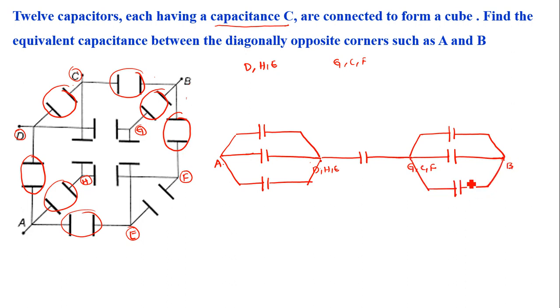Now this capacitor is in between E and F. E is here, F is here. Now this capacitor is in between G and E. Where is G? G, E. Now this capacitor is in between D and G. Where is D? Here. G, here.